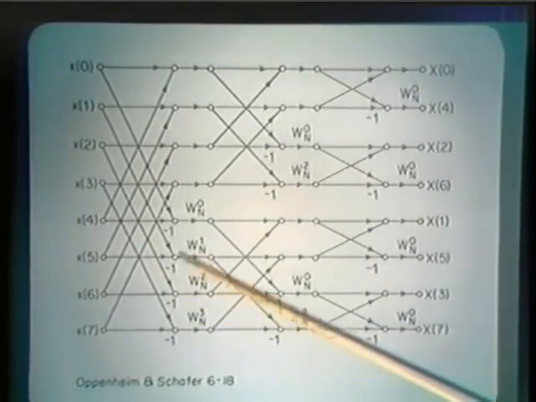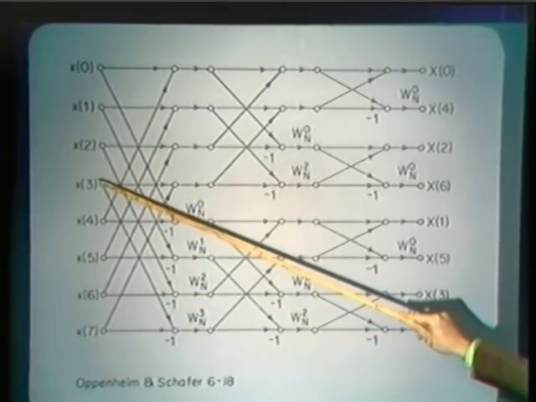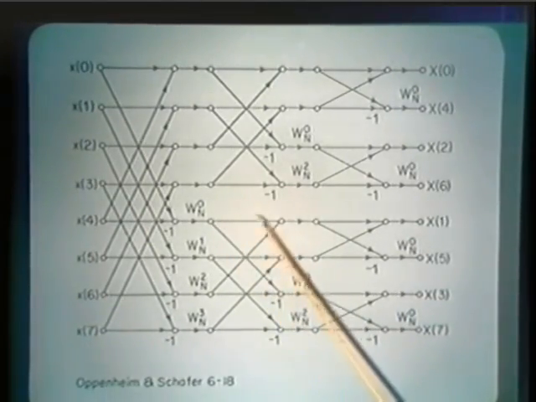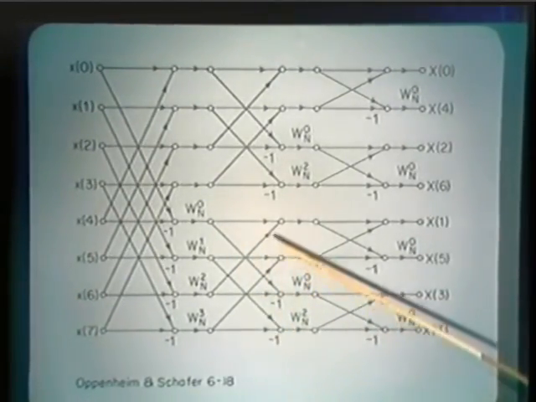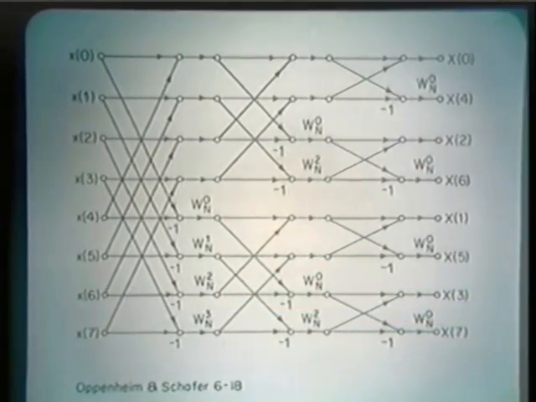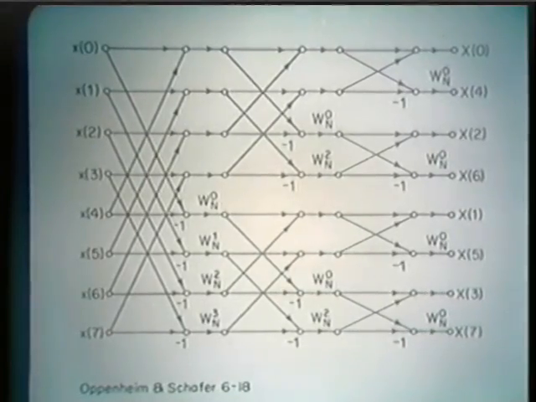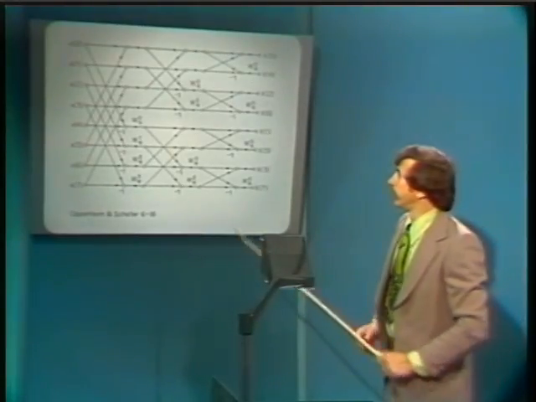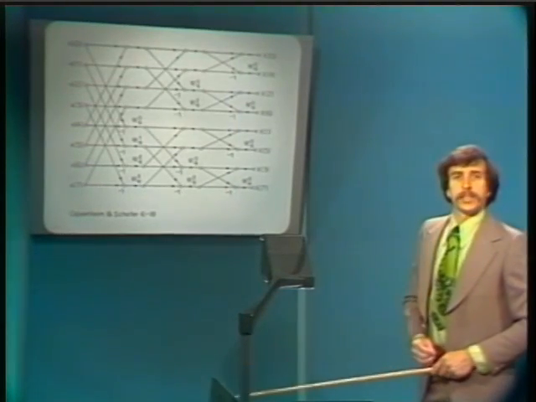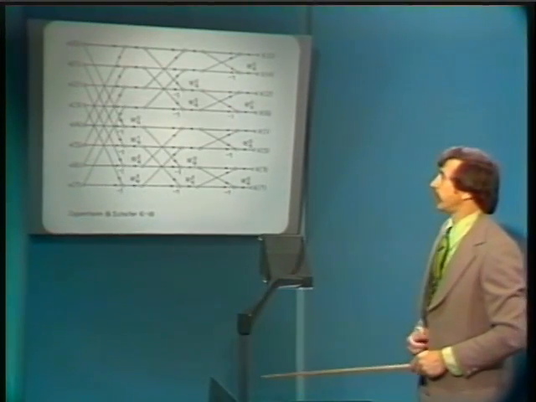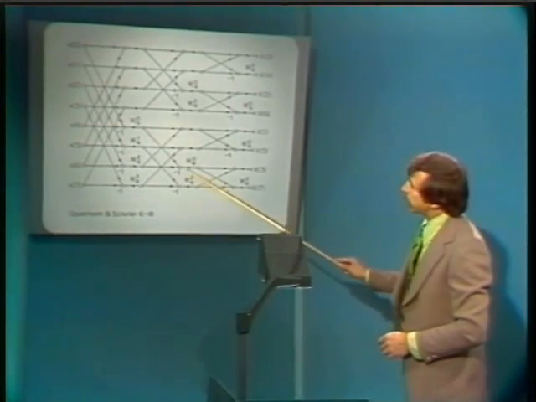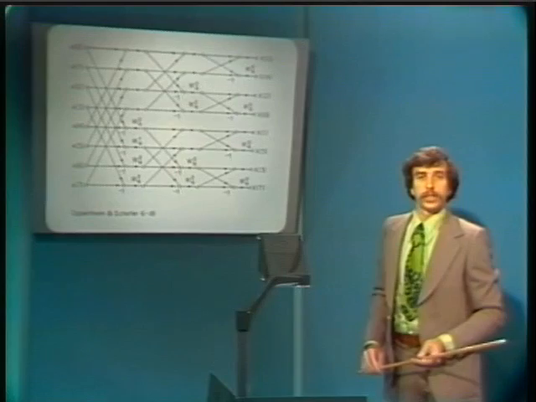And as I stressed last time, it also corresponds to an in-place computation because of the way in which the butterflies are laid out. In particular, the output nodes for each butterfly are horizontally adjacent to the input nodes. Now, this is similar in a number of respects to one of the decimation-in-time forms of the FFT algorithm, although, as I also indicated last time, the basic structure of the butterfly computation is somewhat different.